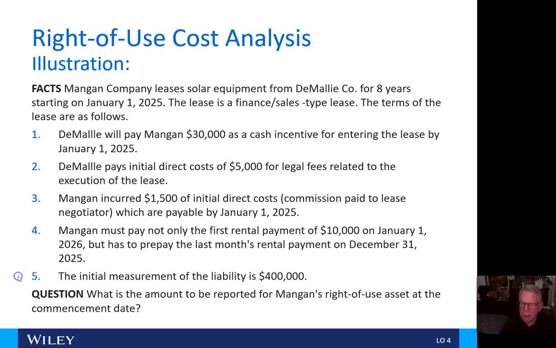And then number 5, the initial measurement of the liability is $400,000. So the question is, what is the amount to be reported for Mangen's right of use asset at the commencement date?